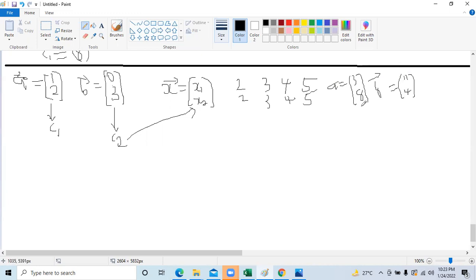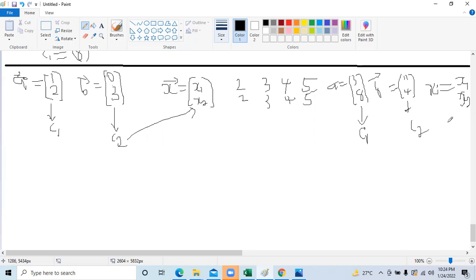By multiplying vector A by constant C1 and multiplying vector B by constant C2, I can arrive at any vector X equals X1, X2.